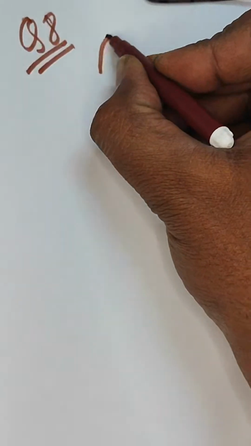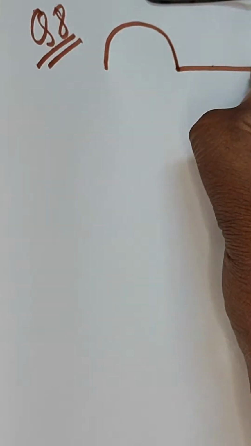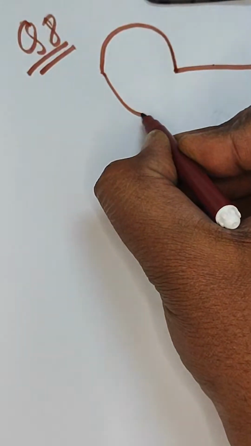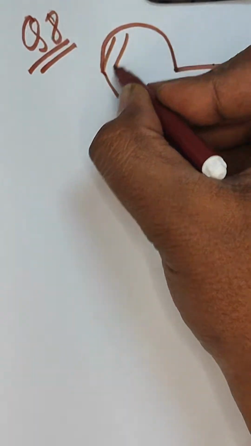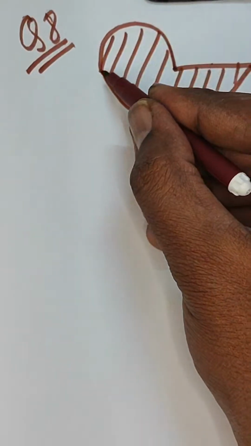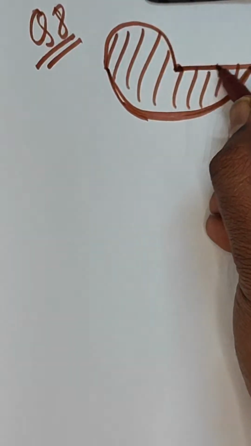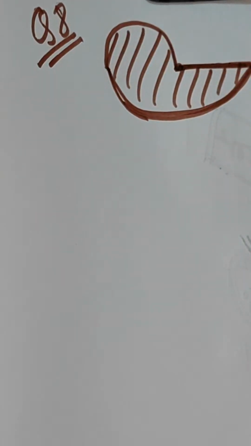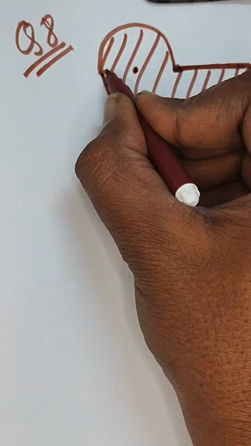A good question which I have found is that the figure is like this. So basically, there are two semicircles. One is this semicircle with this radius, and another is a semicircle with this radius.